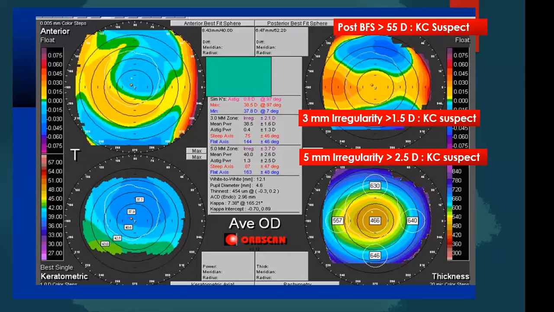If the irregularity in the 3 millimeter zone is more than 1.5 diopters, it could be a keratoconus suspect, which it is over here. If the irregularity in the 5 millimeter zone is more than 2.5, the patient could be a keratoconus suspect. Apart from this, the central pachymetry being less than 470 is another red flag sign for keratoconus. You must take all these factors into consideration to diagnose the patient as keratoconus.